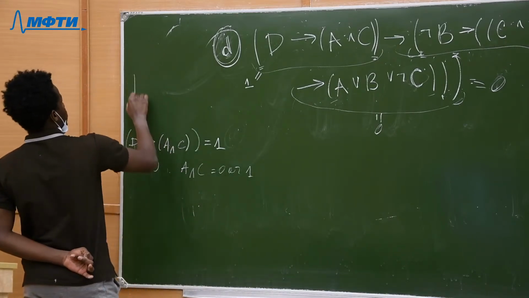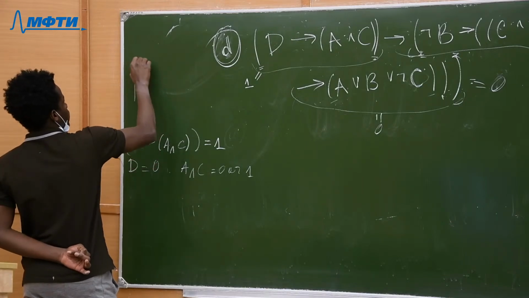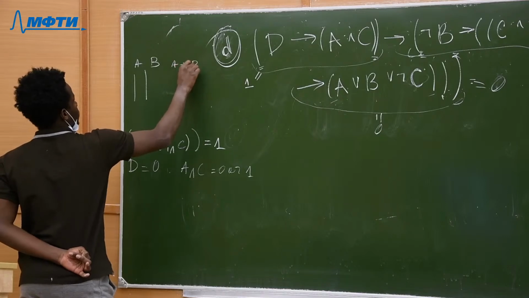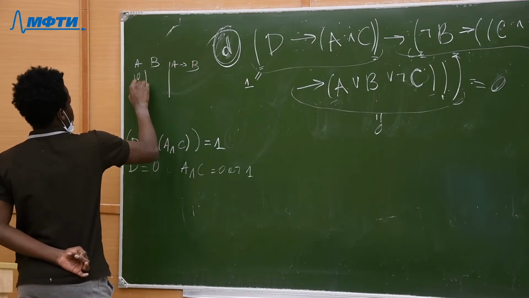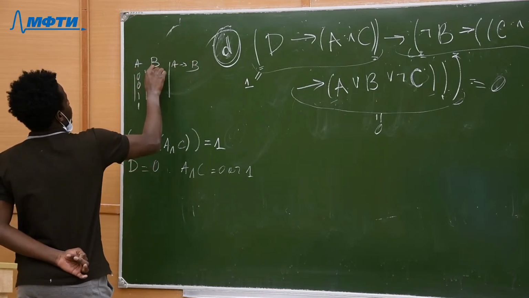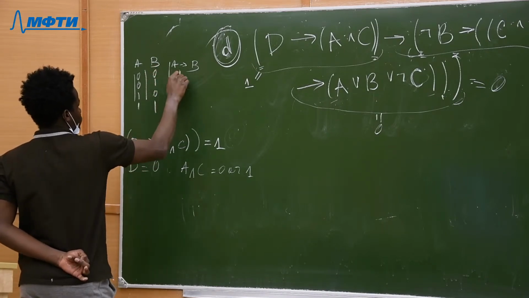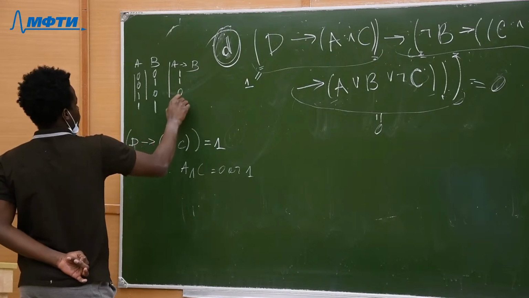Because the implication A, B, we have got 0, 1, 1, 0, 1, 0, 1, and then the other is 1, 1, 0, and 1.